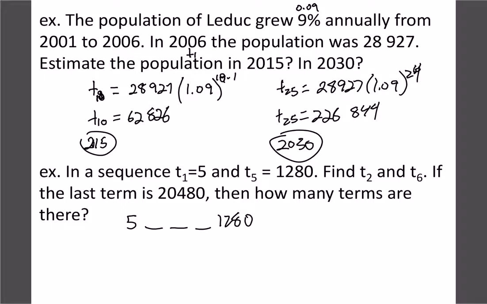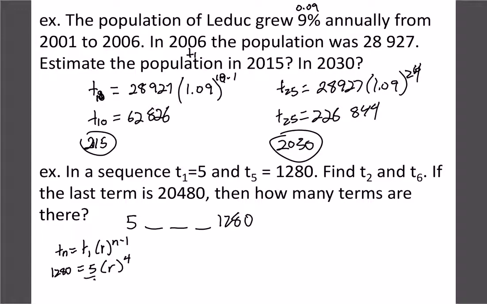So remember in the previous stuff, we'd solve for D when we're doing one of these blank questions. Same thing applies, except this time we're going to actually solve for R. So R to the n minus 1. So in this case, put our 1280 as our last term again. Term 1 is 5, and we're going R to the 1, 2, 3, 4, 5. Subtract the 1 would give us 4.